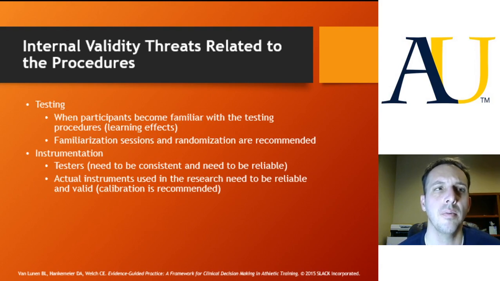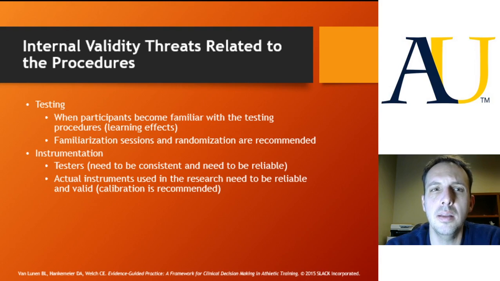Other threats to internal validity have to do specifically with what is occurring within the research itself. And this is the instrumentation and testing, or procedures, portions of the methods sections. Basically, when you go through and read these two sections, you're reading about the instruments and testing procedures that the researchers used.